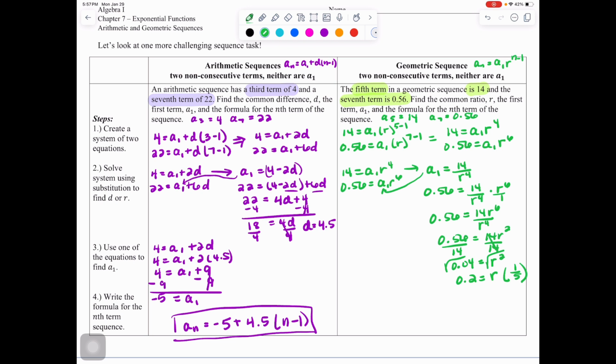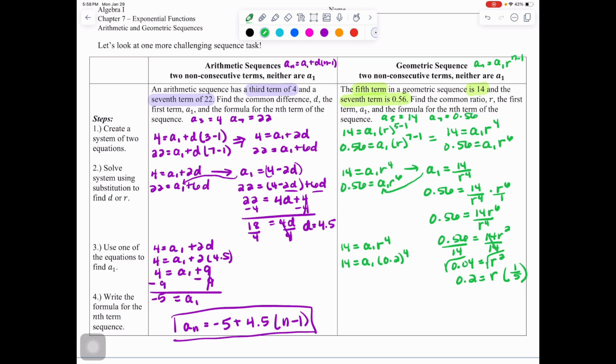So now that I found what r is, I'm going to use one of the equations to find a sub 1. So I'm going to use the first one. 14 equals a sub 1 r to the fourth. However, I now know the ratio is 0.2 or 1/5. So 14 equals a sub 1 times 0.2 to the fourth power.